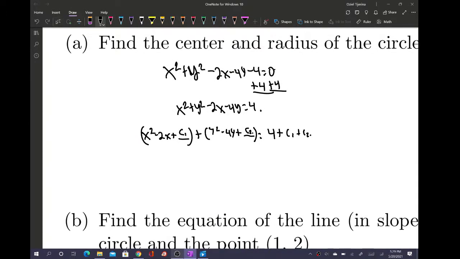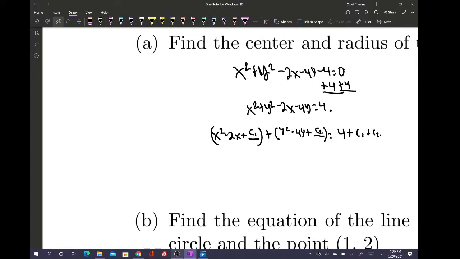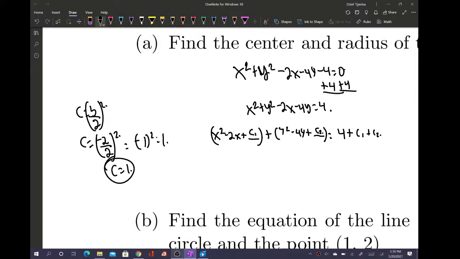To solve for c, you have c equals b over 2 quantity squared. That's c equals negative 2 over 2 quantity squared. This is negative 1 squared, which is 1, so c1 equals 1.